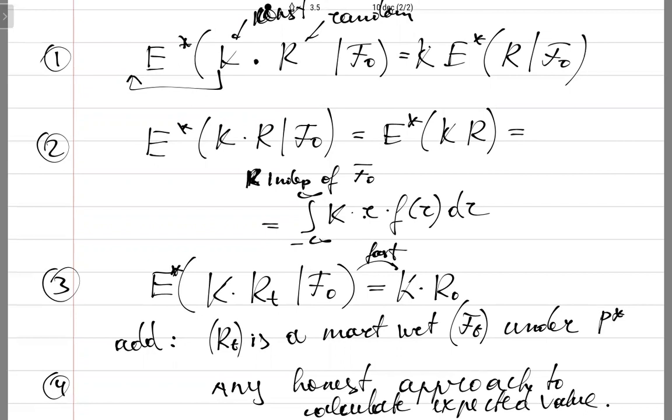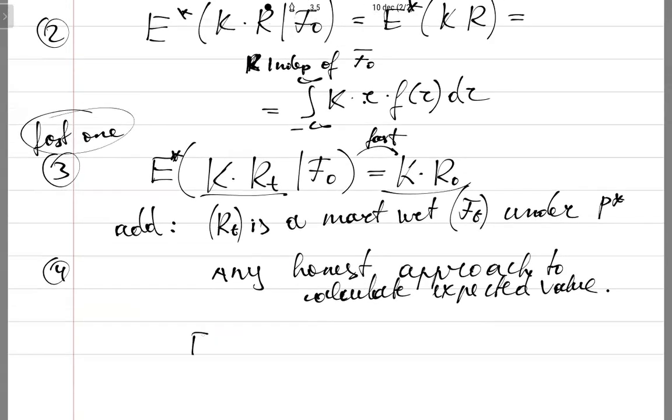If you see a martingale, then obviously it's faster to use the third one, because you immediately get the answer. But many times you don't see a martingale, so this is the fastest one, but it's not always applicable.